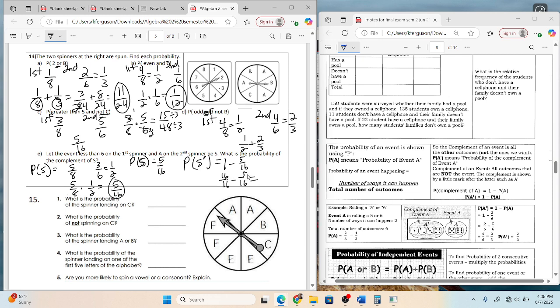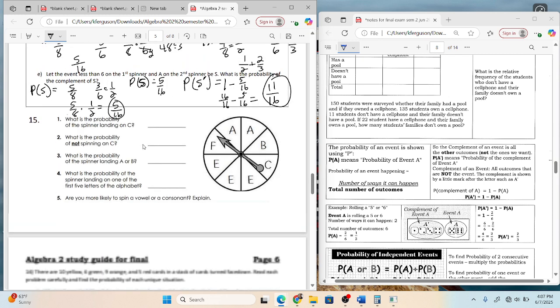And so 16 minus 5 is 11, and then 16, the common denominator, stays the same. You do not subtract the bottom numbers. It's not 16 minus 16. That is your common denominator, and it stays. And that's your answer. If the probability of S is 5 over 16, then the probability of the complement of S is 11 over 16. Okay? And that's that.